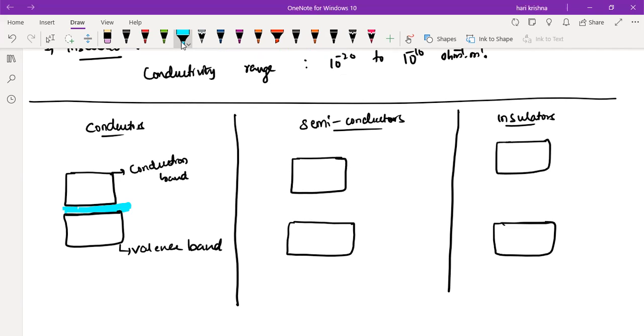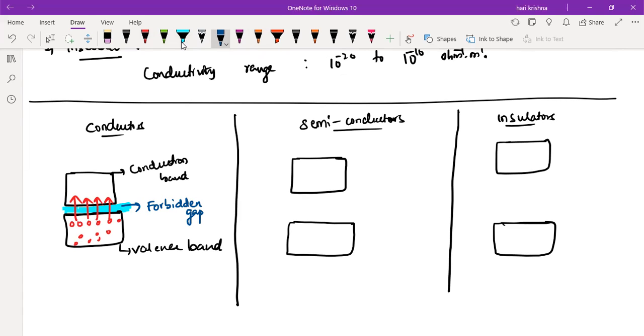The gap between the valency band and the conduction band is very small, so the electrons in the valency band will flow easily into the conduction band. With this flow of electrons, they act as good conductors. The gap between these two bands is called the forbidden gap.